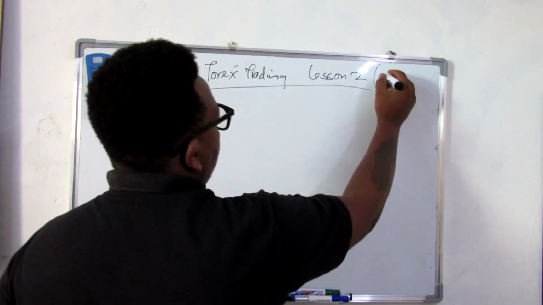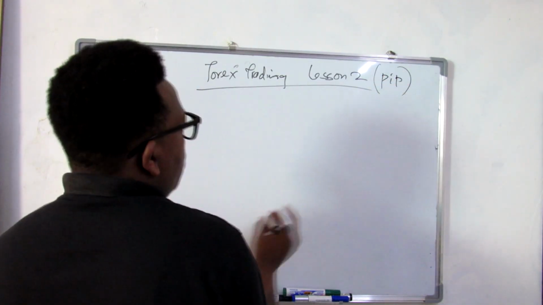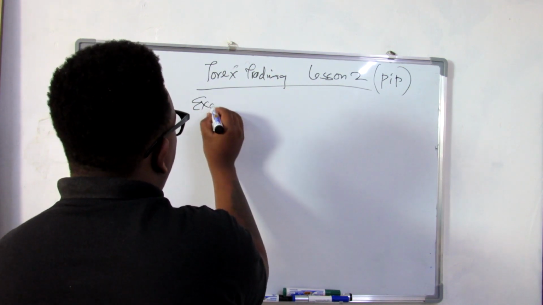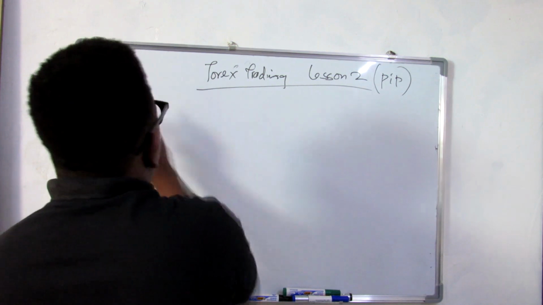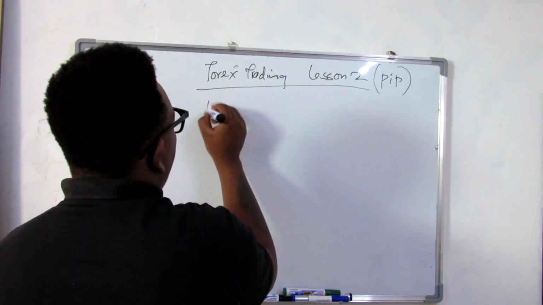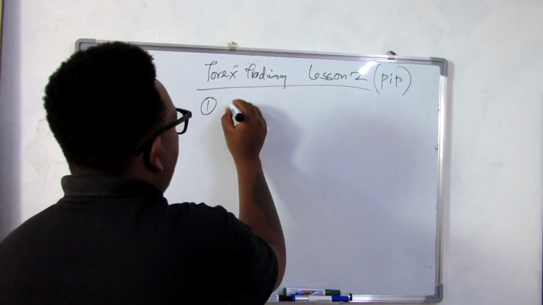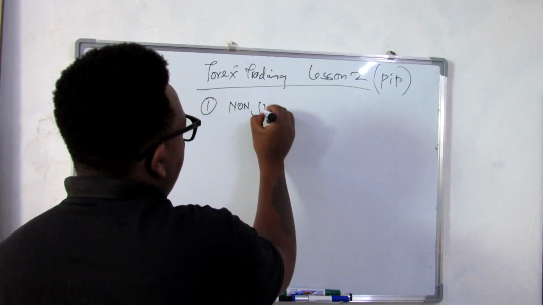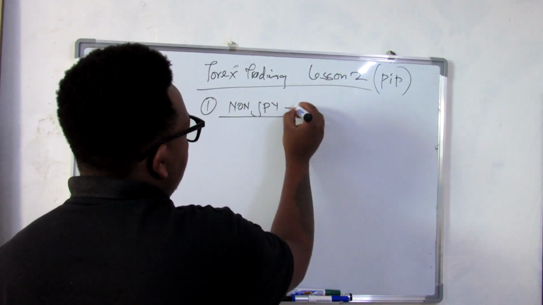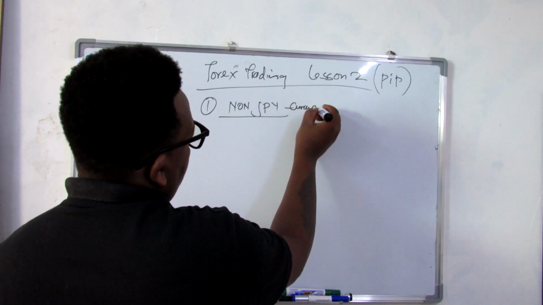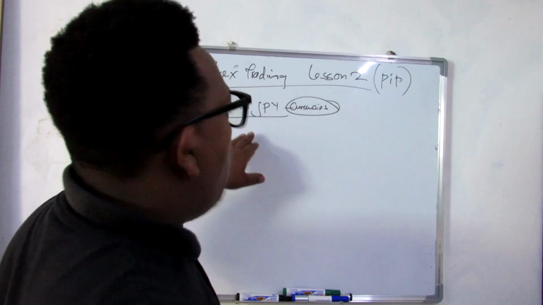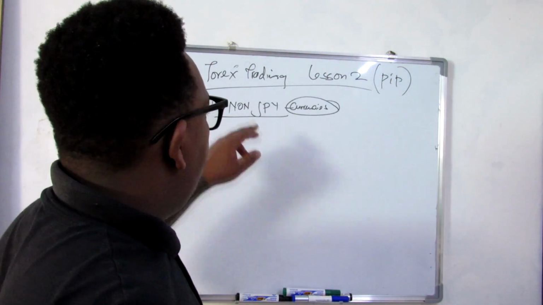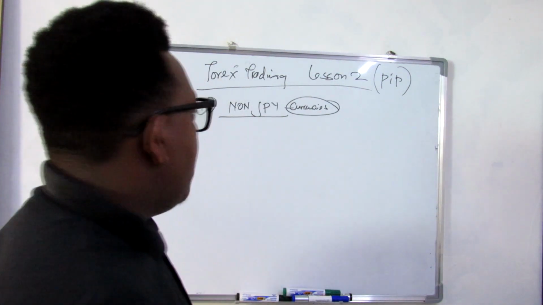So for today's lesson we are talking about pip. Let's talk about how you get to calculate pips for different currencies. So number one, we normally have the non-JPY currencies. So what do you mean by the non-JPY currency? These are all the currency pairs that don't have JPY in their combination.